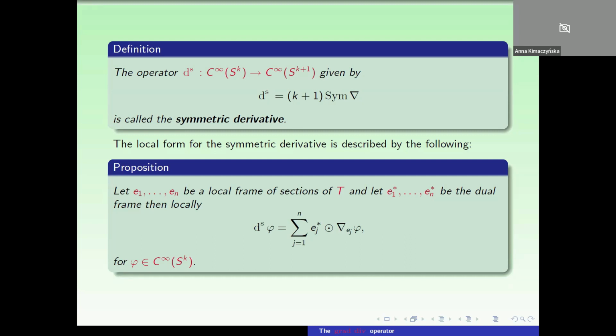The local form for the symmetric derivative is described by the following. Let E1 to En be a local frame of sections of T, and E1 star to En star be the dual frame. Then locally we can express ds as follows.